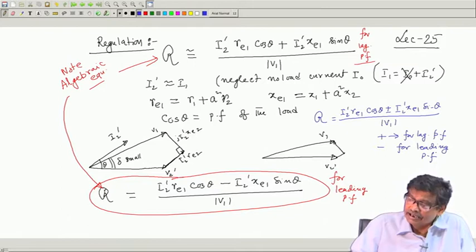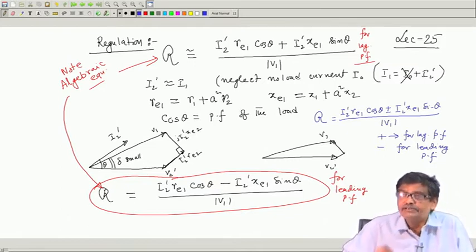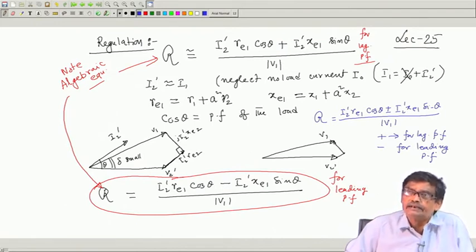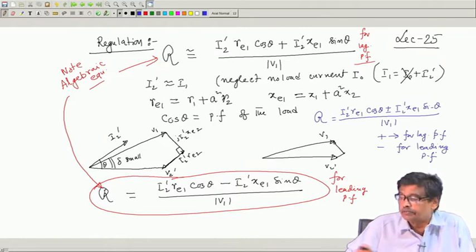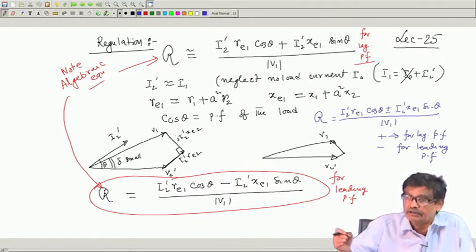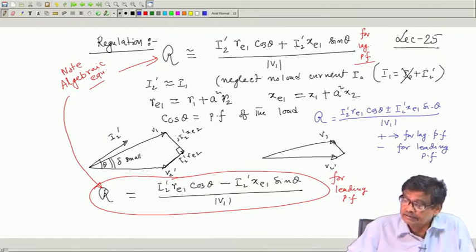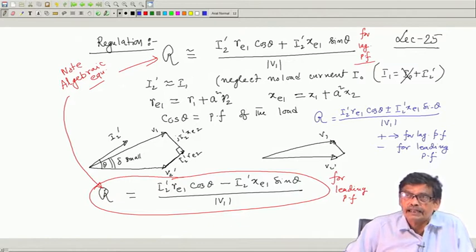What does this regulation actually mean? V1 is the constant primary voltage. It means the change in secondary terminal voltage, expressed as a percentage of rated voltage. The numerator gives you the change in magnitude of voltage, divided by rated voltage. That is the regulation.